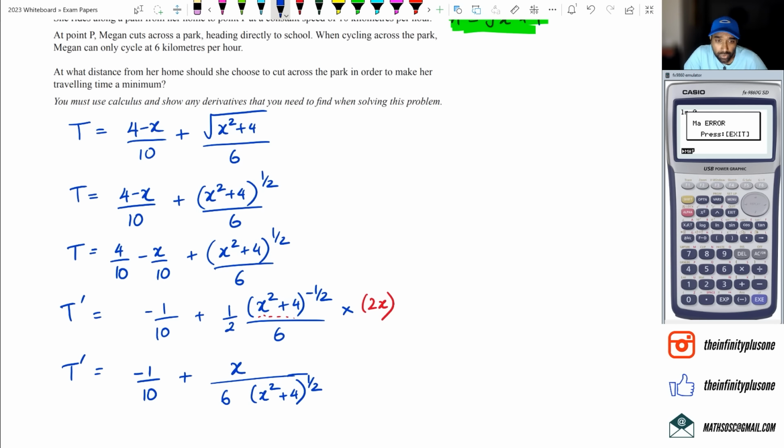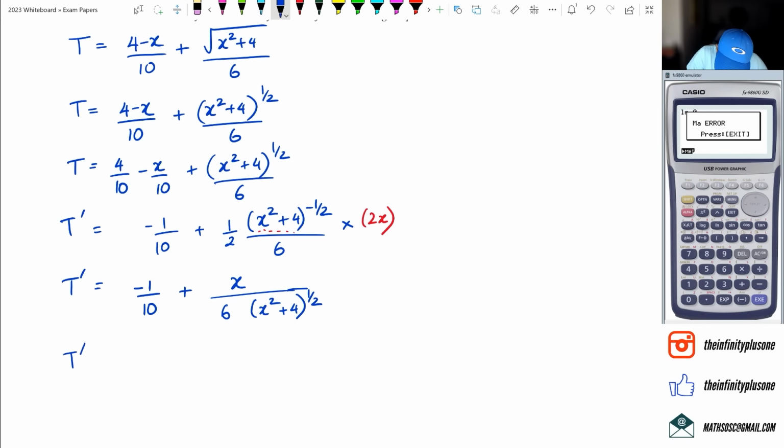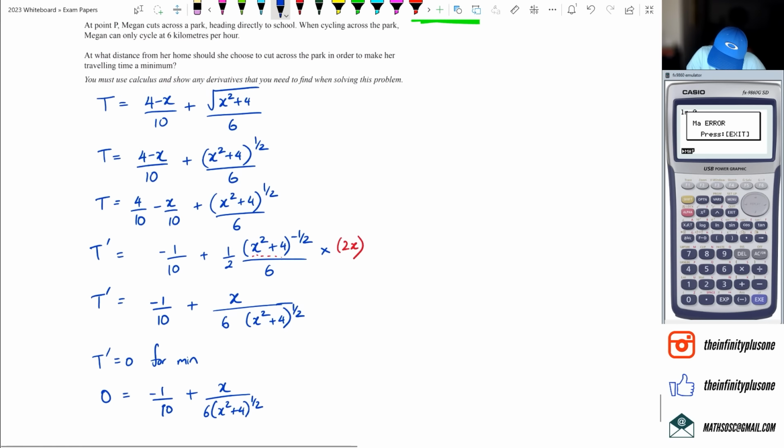Now we know that when T dash is equal to 0, that's when your minimum traveling time happens. So I'm going to put T dash equal to 0 for minimum. So 0 is equal to negative 1 over 10 plus x over 6 times (x squared plus 4) to the power of half.